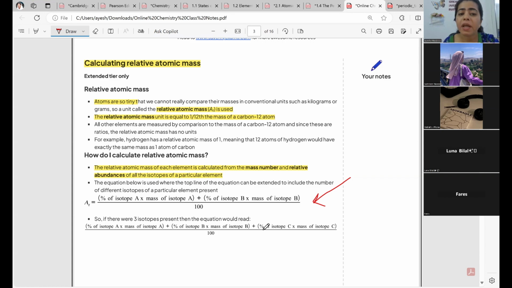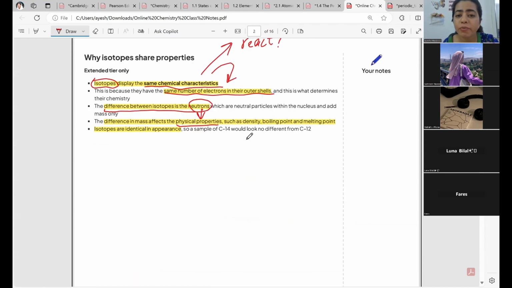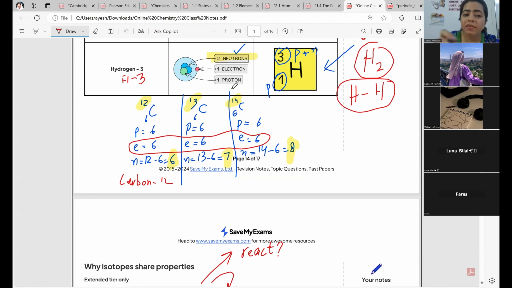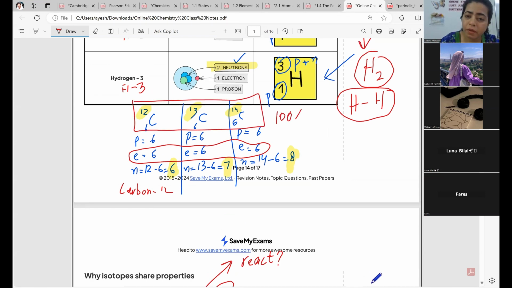What does percentage mean? Remember, if we are talking about 3 isotopes of carbon, all these 3 isotopes total will be 100%. But they are not all equal, 33, 33, 33.